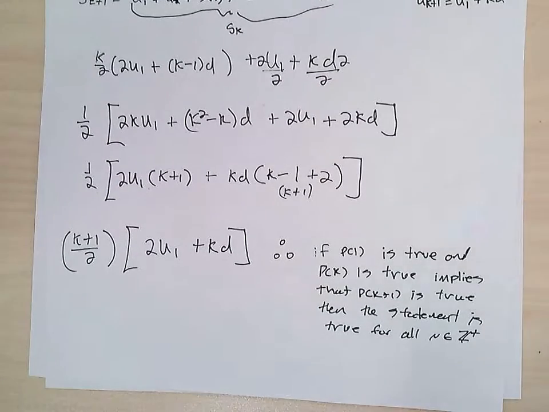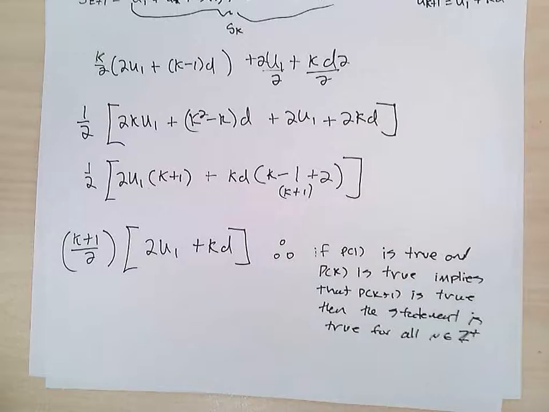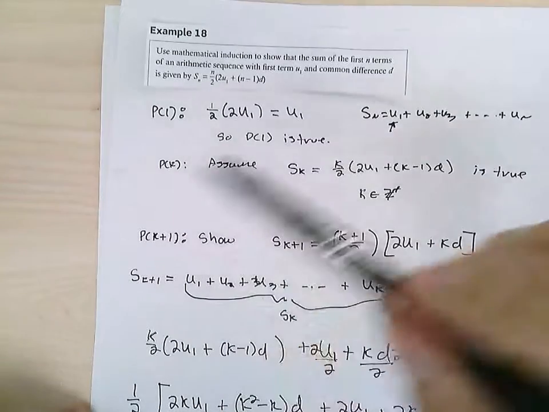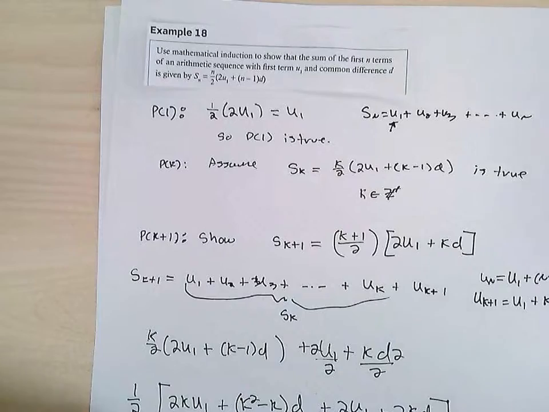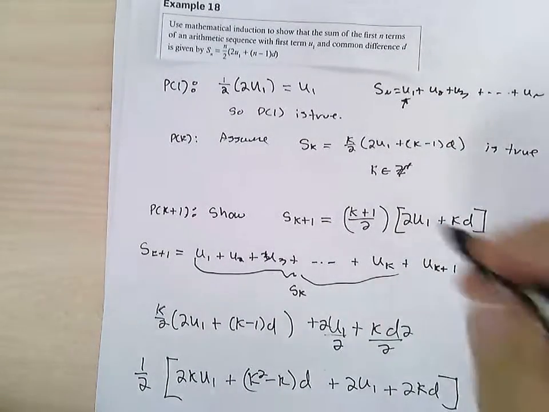And there you go. Now, I know it's a lot of work and a lot of writing that you have to do for this, but you can't leave anything out, except for a few things that I've added here. It's a proof, so you need to formally write out P of 1, show the first step, tell me that it's true, assume that it's true, make sure you don't forget your restrictions, right?